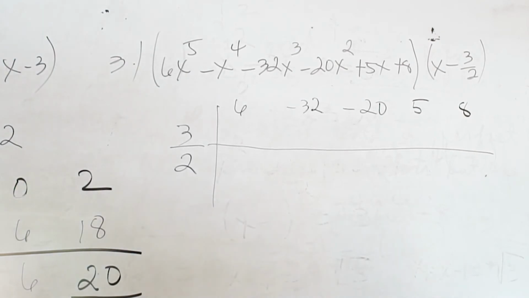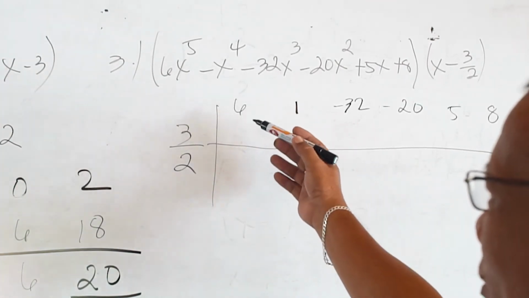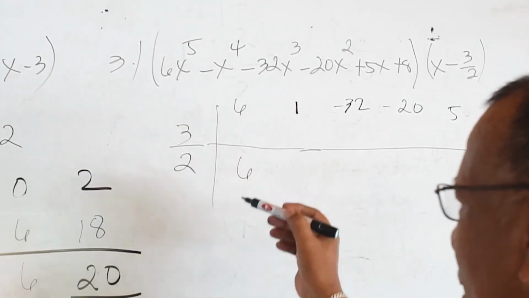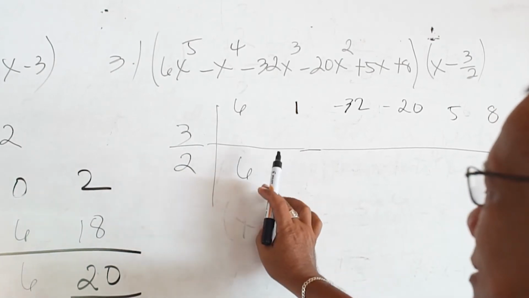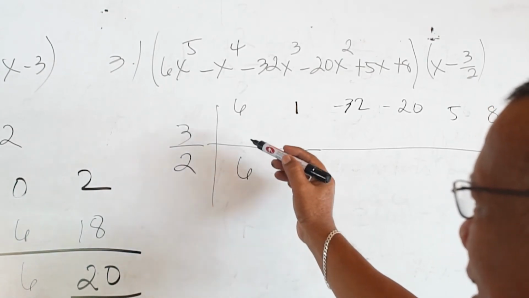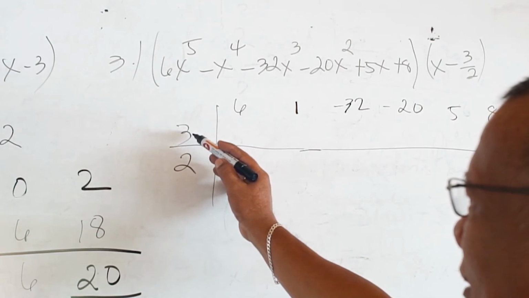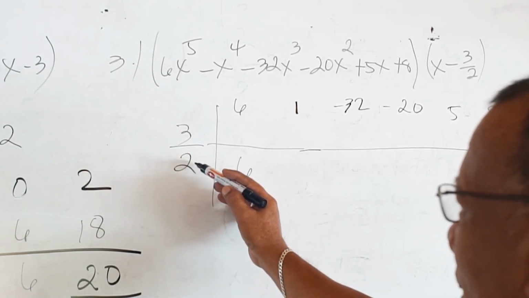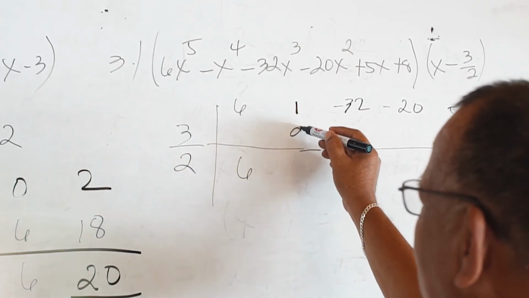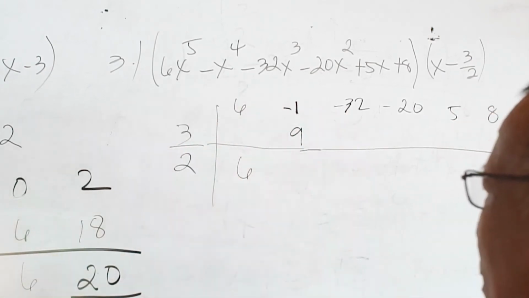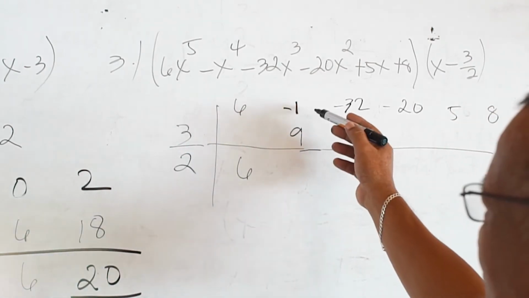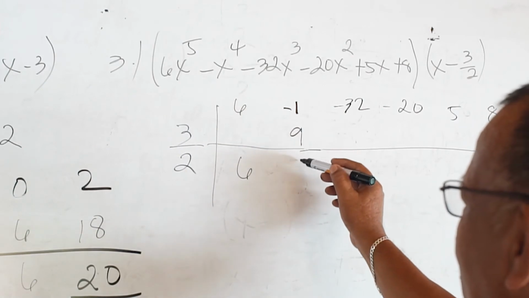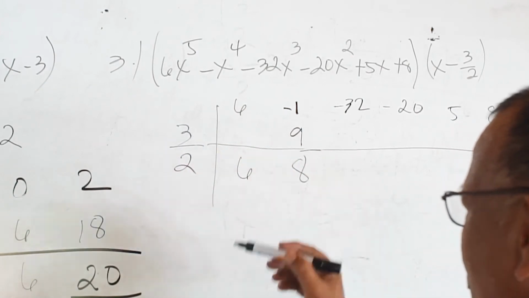Then simplify. Bring down 6. Then next, multiply 6 times 3, 18. 18 divided by 2, so we have 9. Then add negative 1 plus positive 9. The result is positive 8.